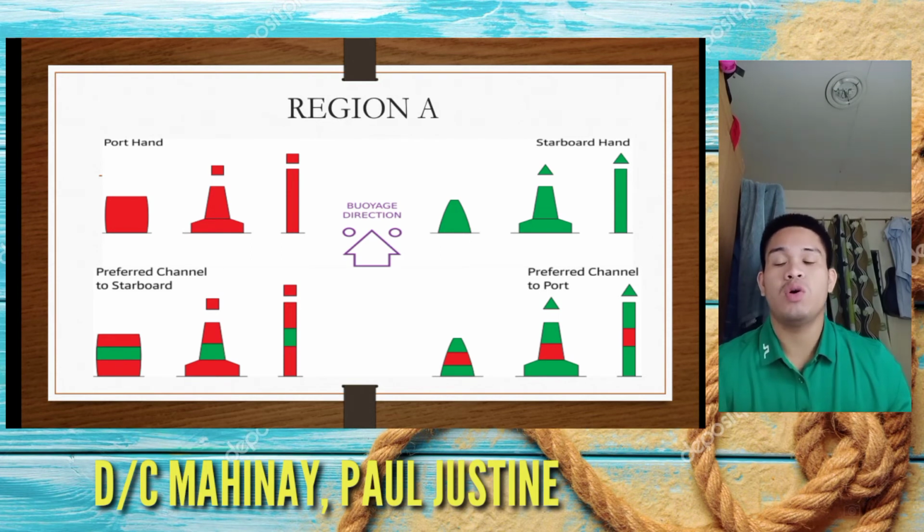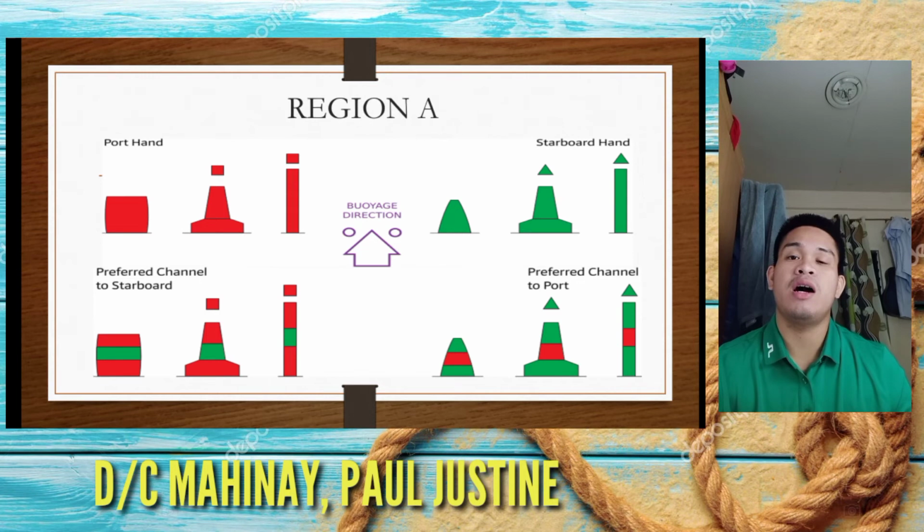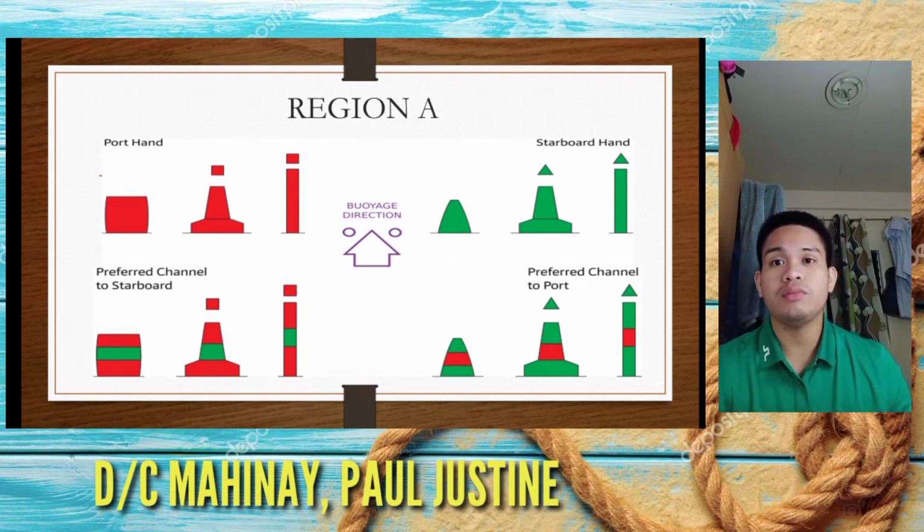The port hand side is color red, shape can, pillar or spar, top mark when fitted single red can. Lights, when fitted, may have rhythm other than composite group flashing 2+1.